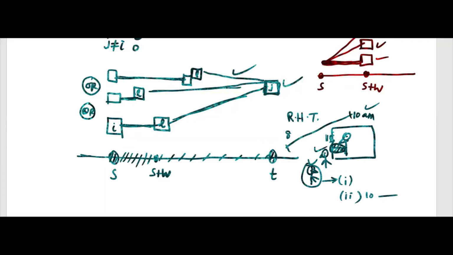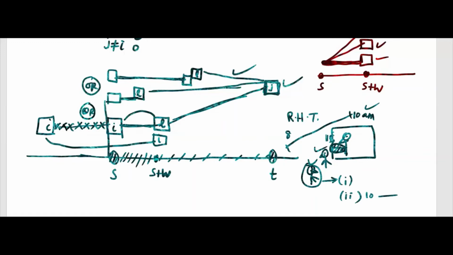Even we are not worrying about the past. Maybe I am in this state before a long time, but what we are not discussing here is this one. The total holding time, if you calculate, if I leave here, if I make a transition from I to L here, so this will be the total holding time. This is the residual holding time. Because in Markov sense, past we never see, we are not worried about the past.